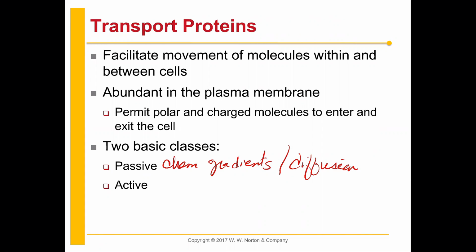The opposite of that are our active transport proteins. These do require energy, and they're usually from ATP or an ionic gradient. And when they get that energy, usually there's a conformational change that's induced that opens or closes a gated channel to allow whatever it is to pass through.